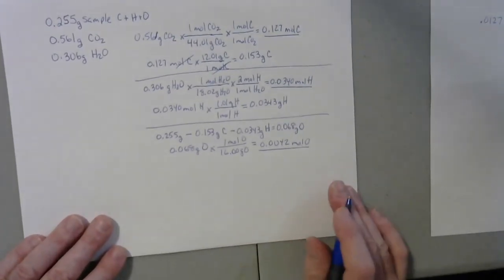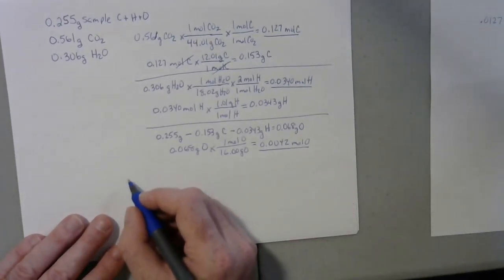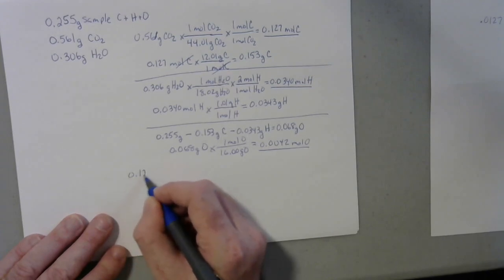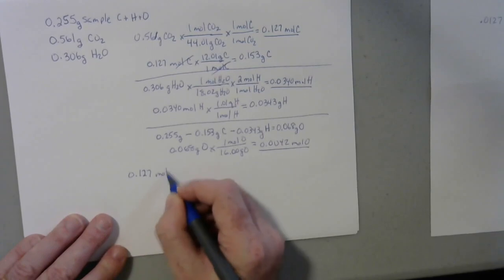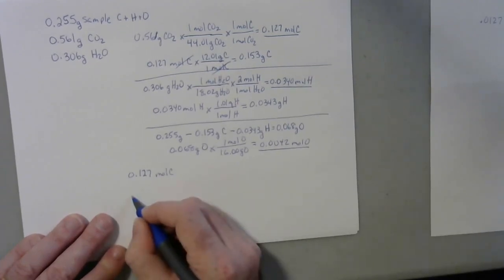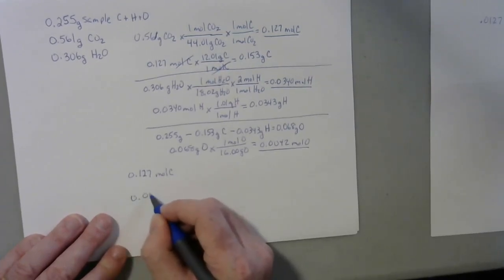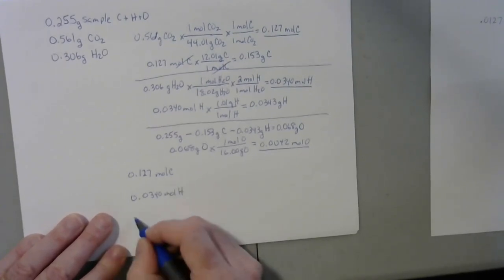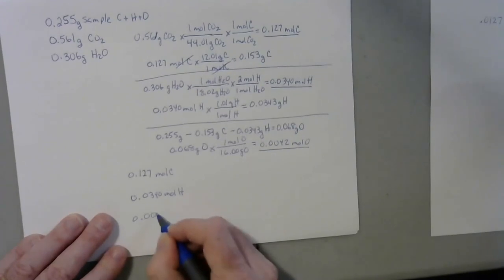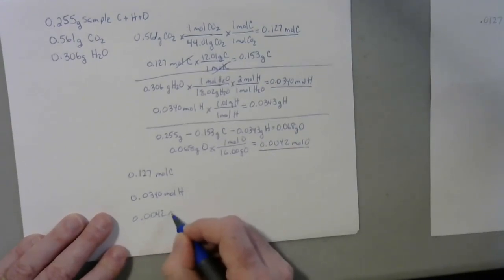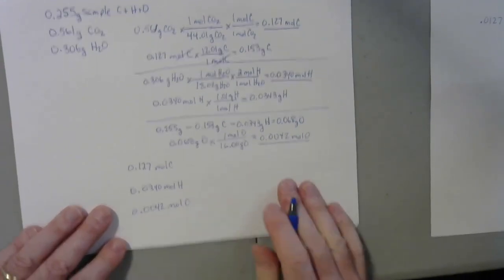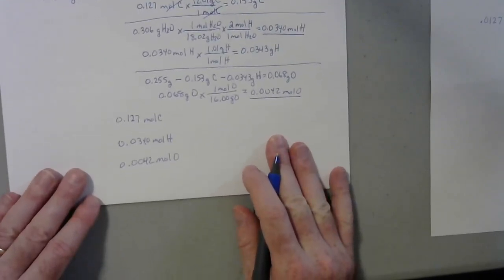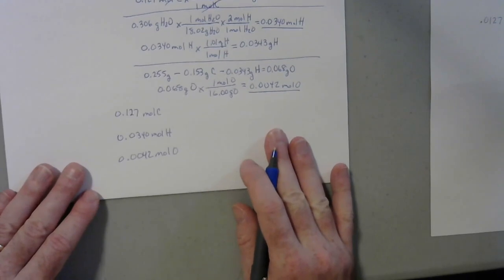So now I'm just going to take these amounts that we've already calculated, 0.127 moles of carbon, 0.0340 moles of hydrogen, and 0.0042 moles of oxygen. Now, once you see that, now it's just a matter of taking the ratios.